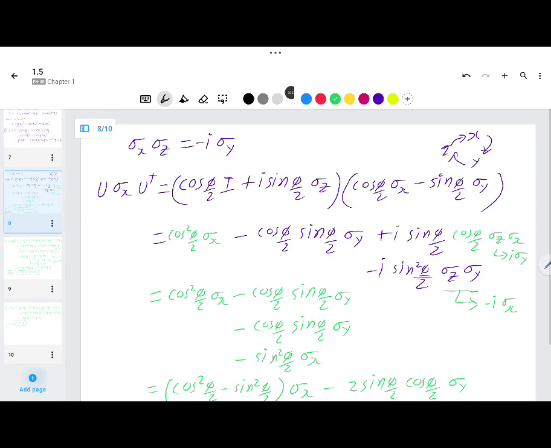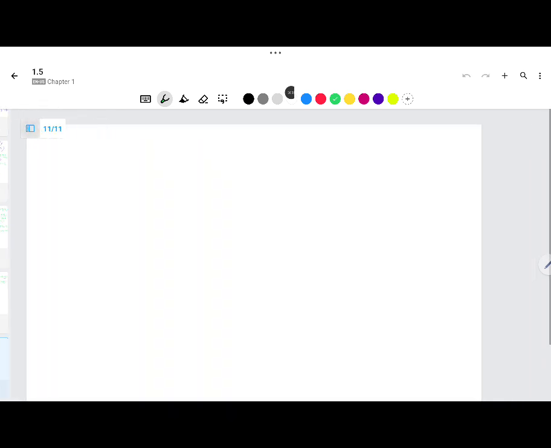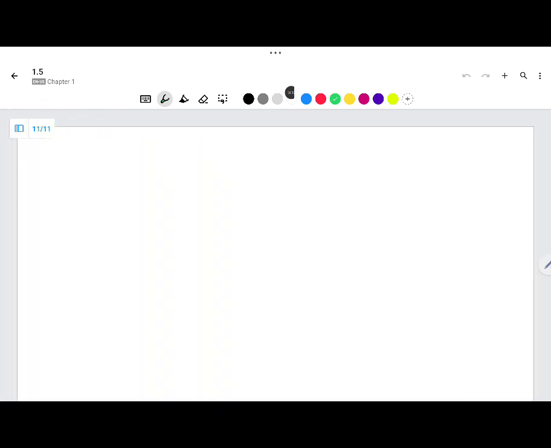So sigma dot a prime is ax with u sigma x u dagger plus y u sigma y u dagger plus z u sigma z u dagger.